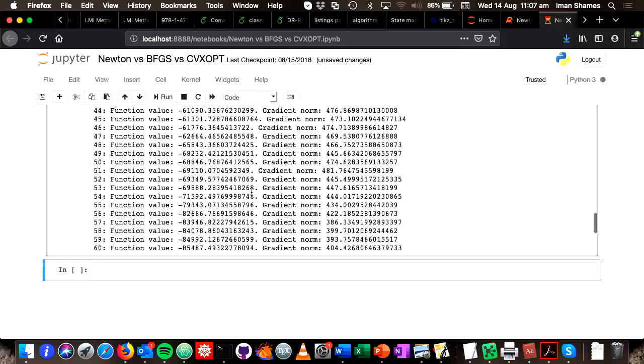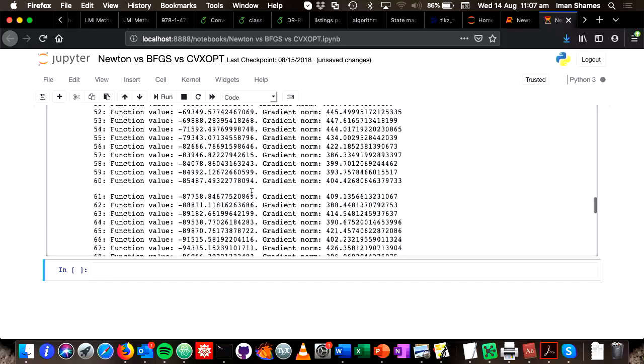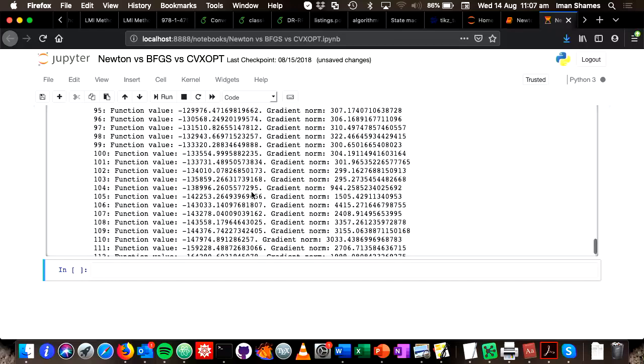The key is not to pay attention too much to this now, and go and look at here. This is decreasing. So it's not behaving terribly in terms of decreasing the cost function, but the norm of the gradient is all over the place.